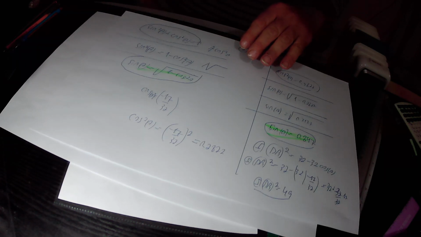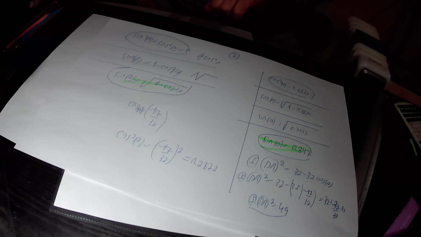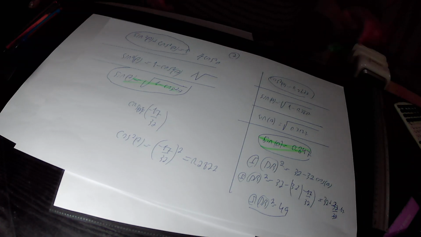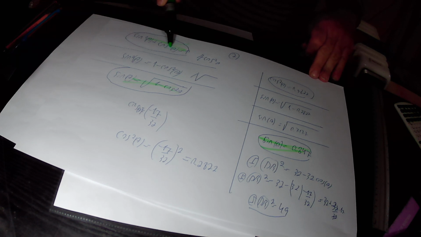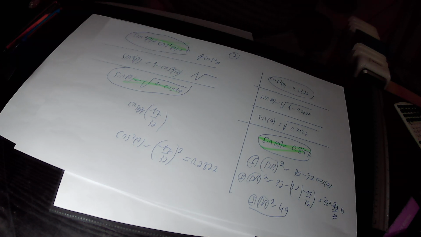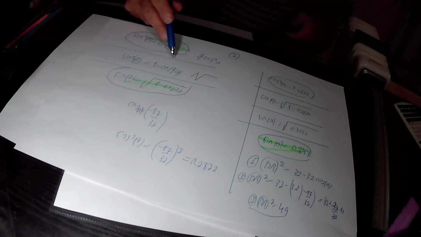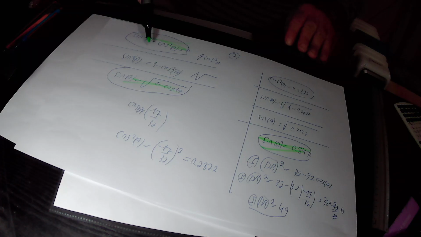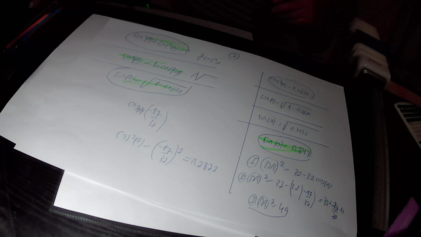Now we use the trigonometric identity that says sine square theta plus cosine square theta equals 1. Here we subtract cosine square theta from the equation and find that sine square theta equals 1 minus cosine square theta. Taking the root of the equation, sine theta equals the square root of 1 minus cosine square theta.